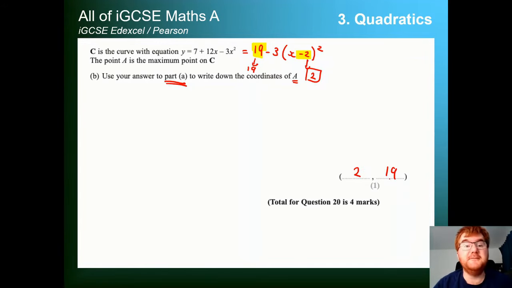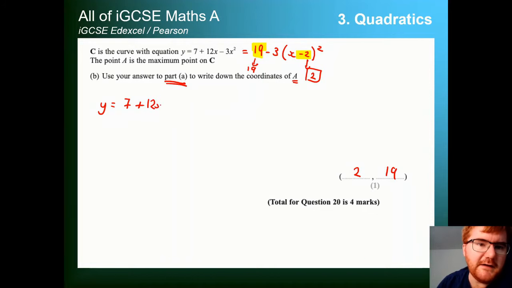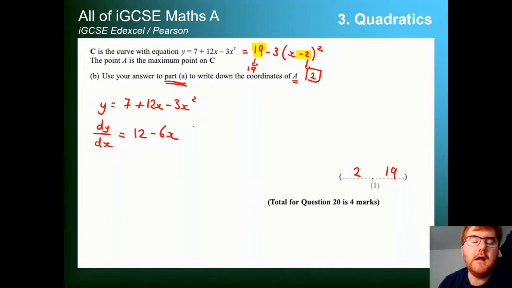Now, your teacher might have taught you, if I just take the original equation here, 7 plus 12x minus 3x squared, a method called differentiation. In which case, if I differentiate this, the 7 disappears, I get a 12, bring the 2 to the front, so you get minus 6x. And they've told you that you can work out a maximum or a minimum point when this derivative is equal to 0.